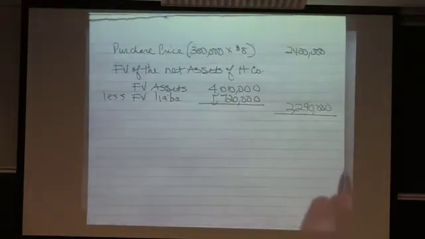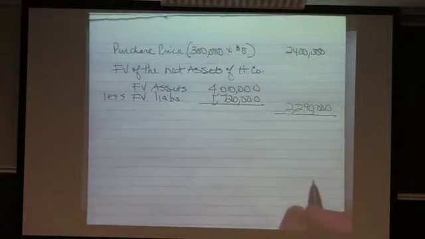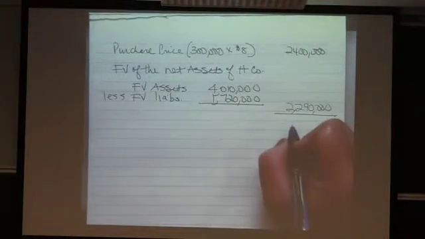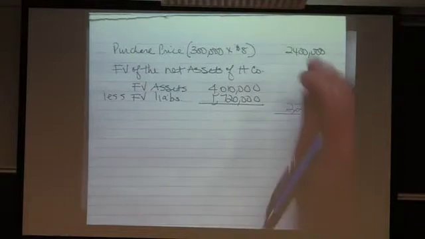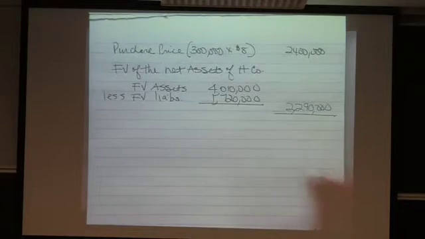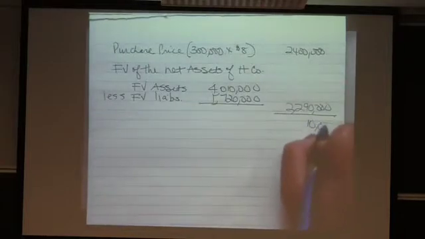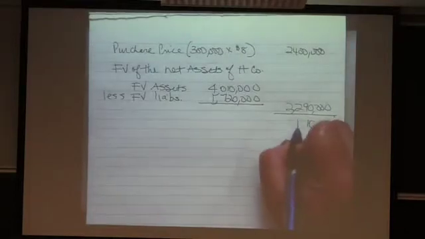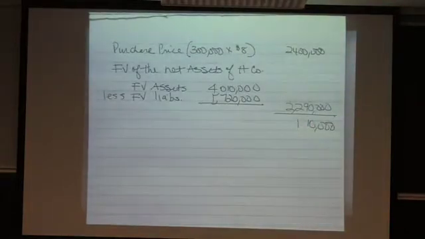Now, that's 2,290 less 2.4 million gives us 110,000.